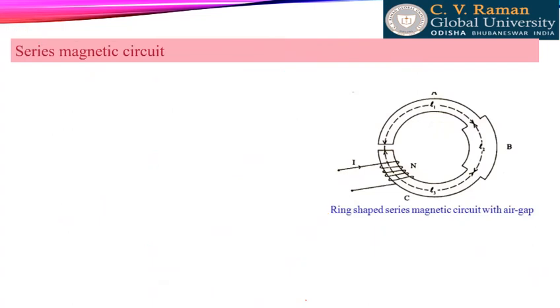Now we will go back to the series magnetic circuit. For a series magnetic circuit, you can see multiple materials are there. This is one material, this is another material, this is another material. Air is also a material.